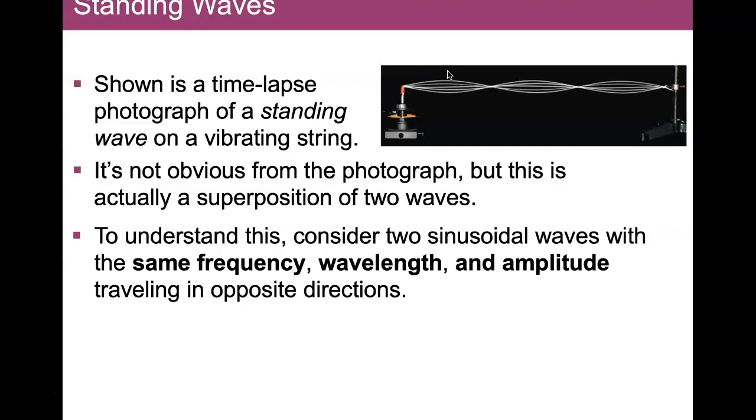It's not very easy to see the superposition of two waves moving in the opposite direction. But it's just simple trigonometry to figure out what happens. So we can just start the other way. We can take two sinusoidal waves traveling in opposite directions and figure out what superposition pattern gets generated, right?